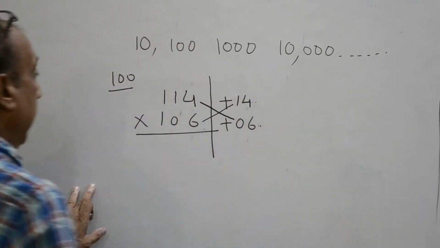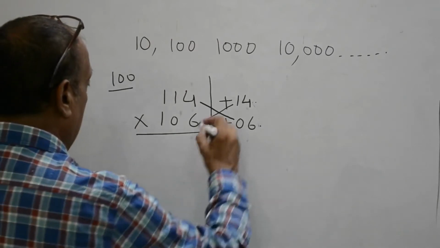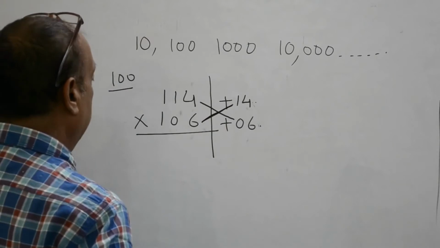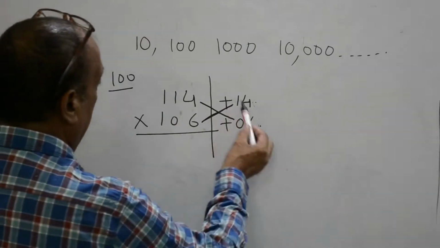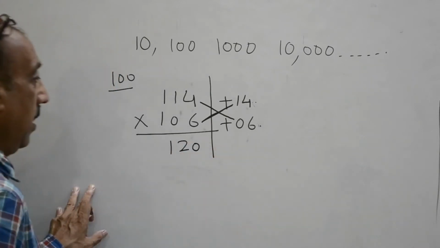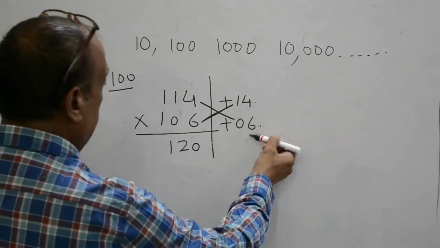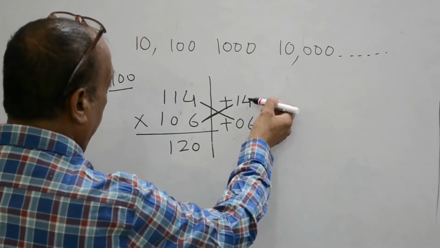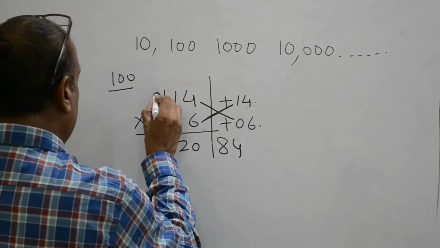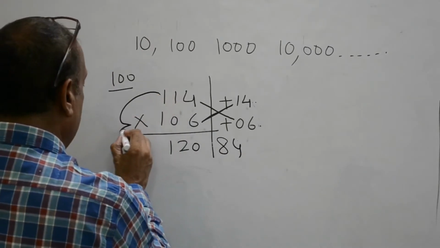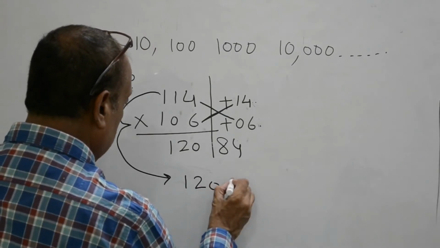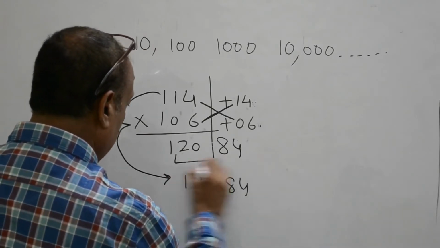Vedic mathematics says that take the addition of these two numbers. 106 plus 14 is 120. Now multiply these two, 14 and 6. 14 times 6 is 84. So the multiplication of 114 and 106 is 12084. This number.